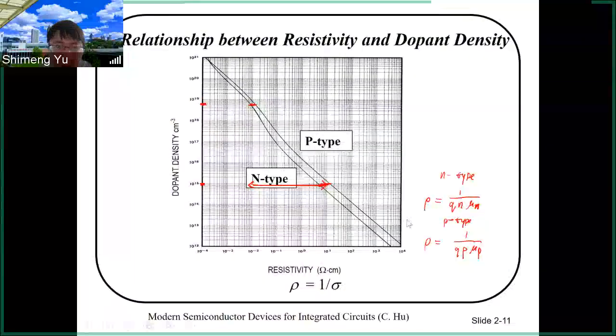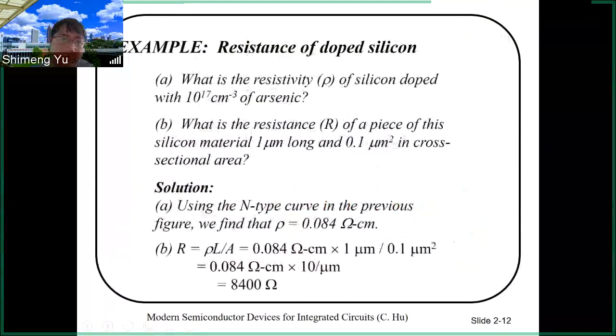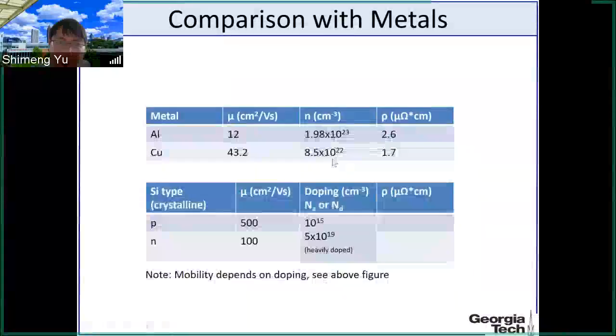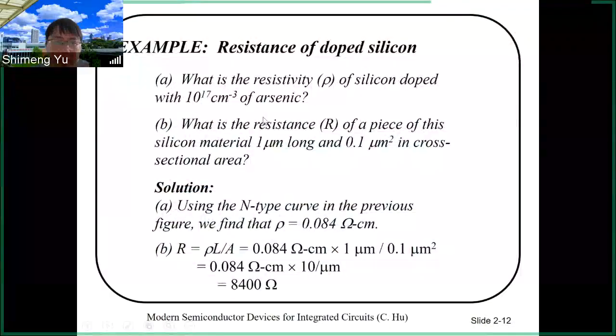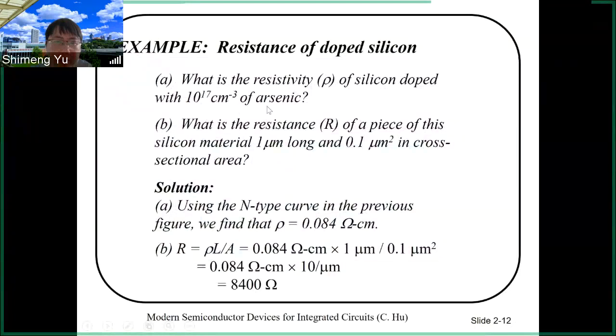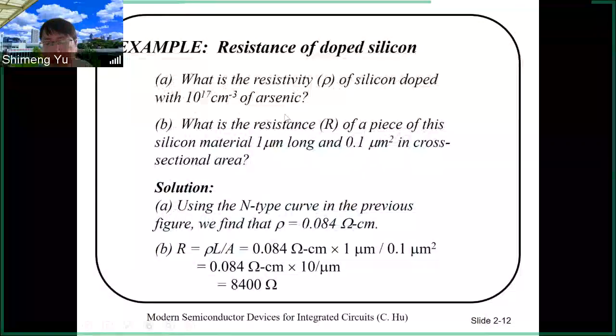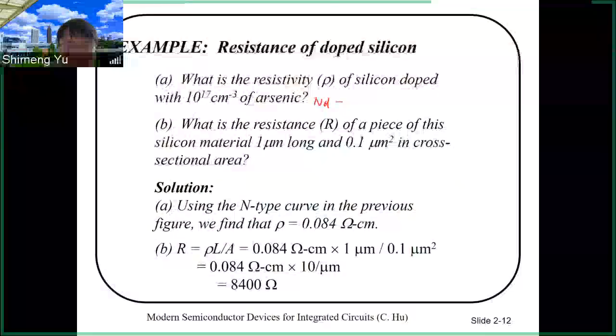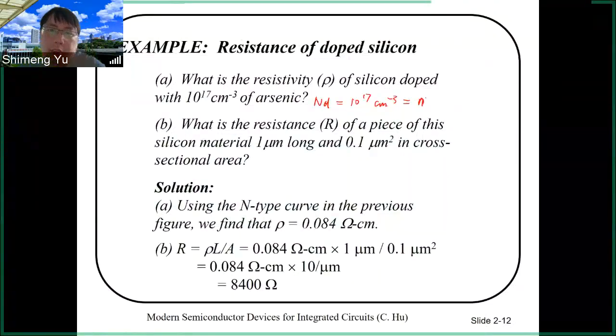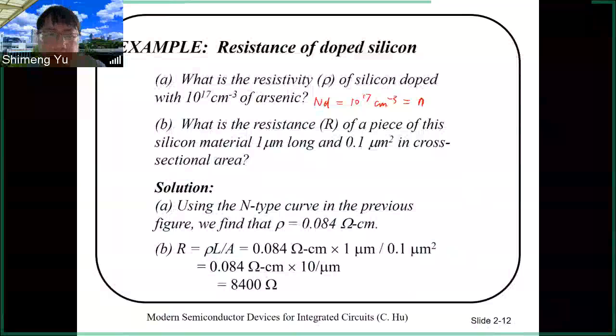So let's look at one simple example, to determine the resistance of doped silicon. If you have a piece of doped silicon, and the doping density is 10 to the power 17 for arsenic. Arsenic is group 5, so you know this is n-type doping. So the Nd is this 10 to the power 17, and this will be the same as the electron density, because one donor gives out one electron.